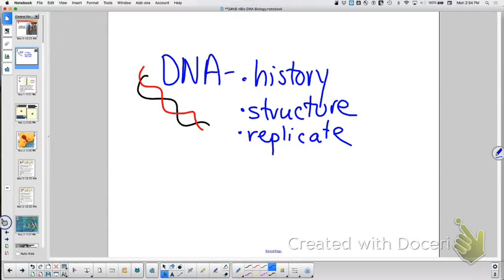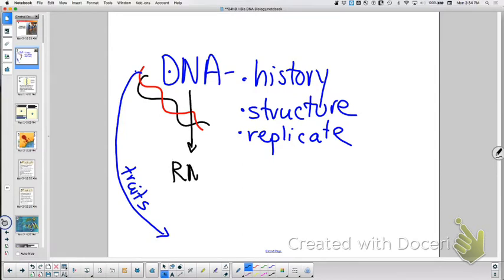Okay? Then we said, if we're going to describe DNA, it codes for all of our traits, right? If this is our genotype, then our traits would be our what? Phenotype. So we wanted to understand how your DNA codes for your traits. The next thing we talked about is how we convert this DNA to RNA, right?